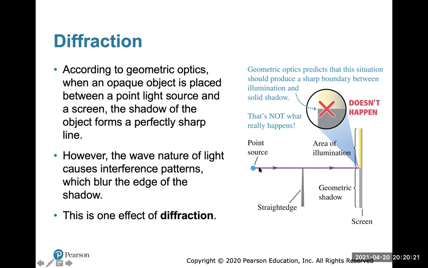If I draw a ray with any downward decline, it'll hit the straight edge and not propagate to the screen. So I expect there to be a sharp boundary, the very last ray I can draw, and above, a region of light and a region of shadow with a sharp demarcation. That's not what happens.